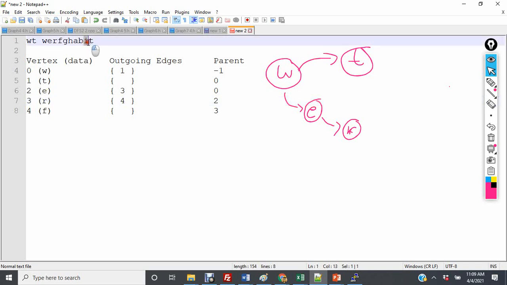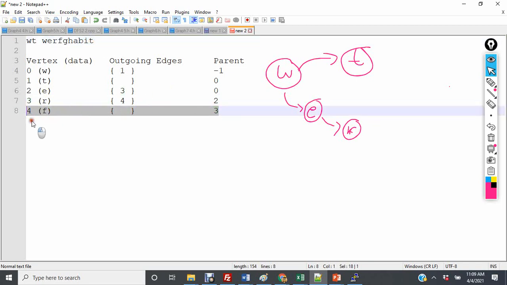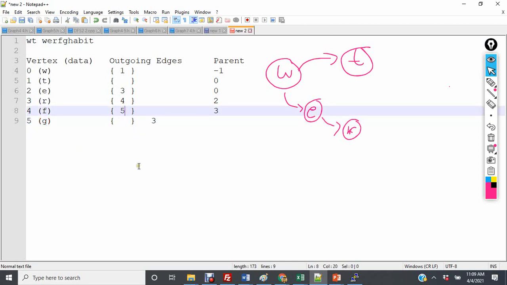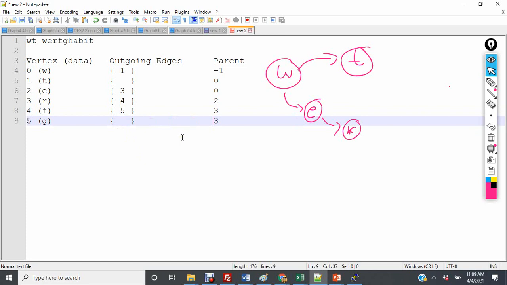We're now going to see a pattern until we get to this last letter T between I and T. So what we're going to see here is vertex 5 is going to contain the value G. This is going to have an edge from 4 to 5, and this one's parent is 4.